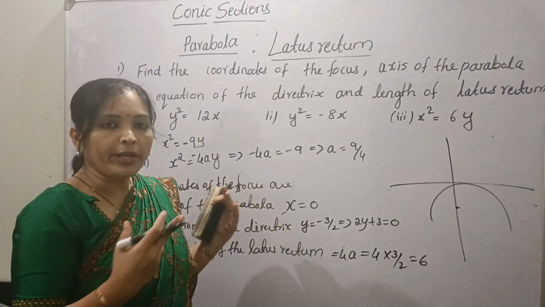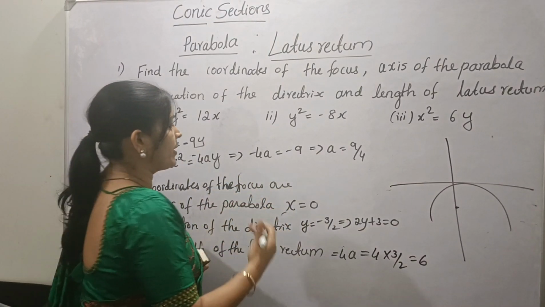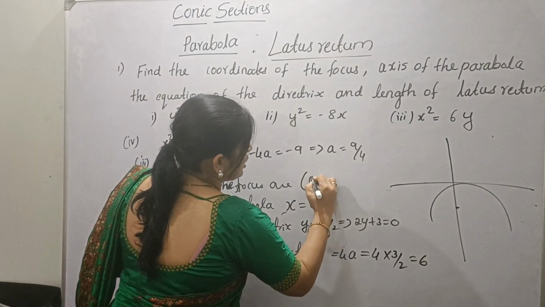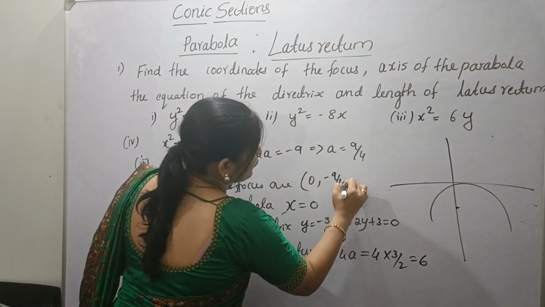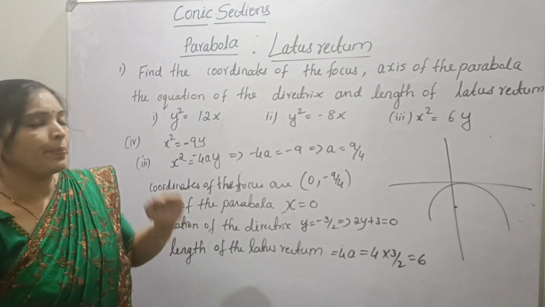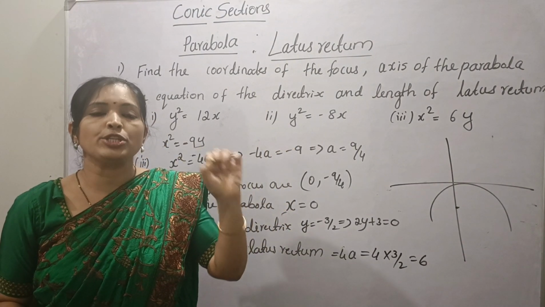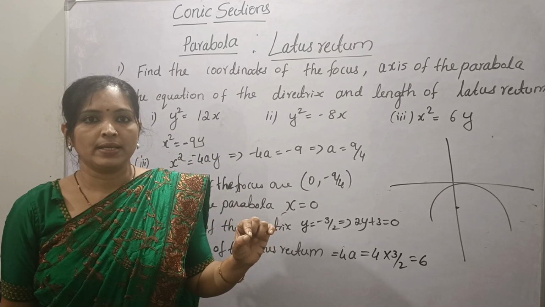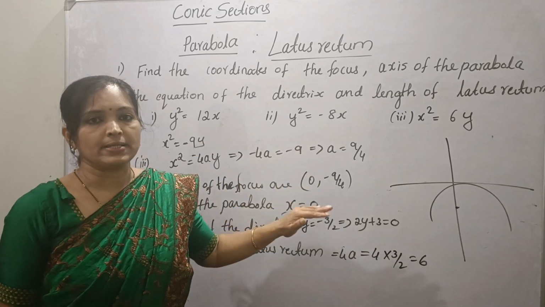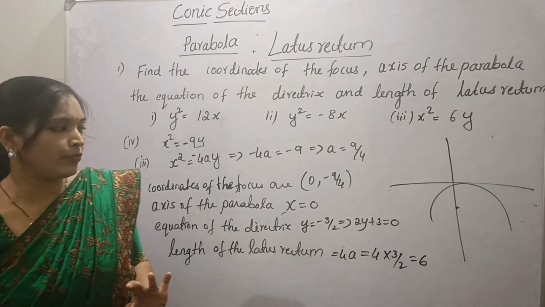Therefore, the x coordinate is 0 and the y coordinate is 0 minus 9/4. Why? Because the parabola opens towards the negative y-axis, therefore the focus point is on the negative y-axis. So the point is (0, -9/4).